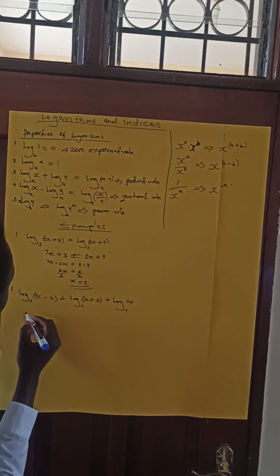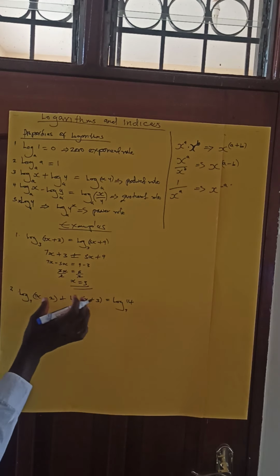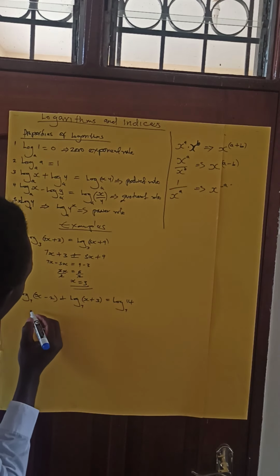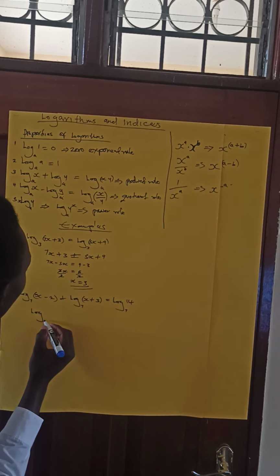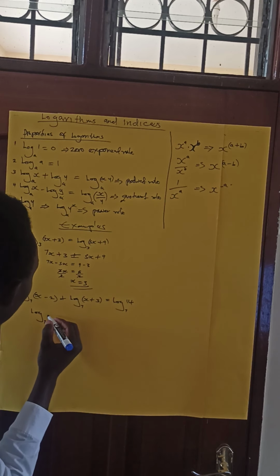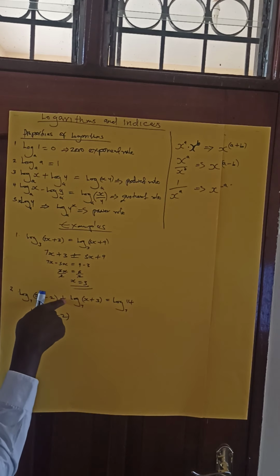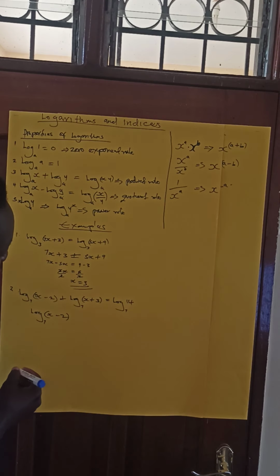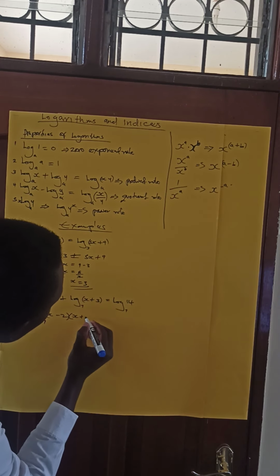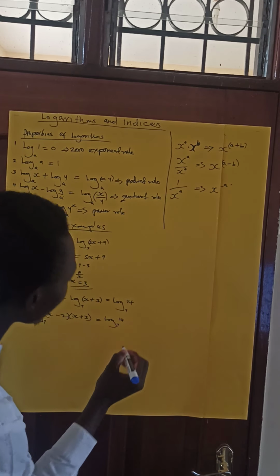We have an addition sign, and the bases are similar, so we can write it as log to base 7, and the log itself is x minus 2. Now that we have addition here, it becomes multiplication: x plus 3 is equal to log 14 base 7.